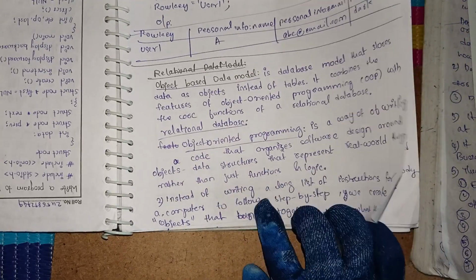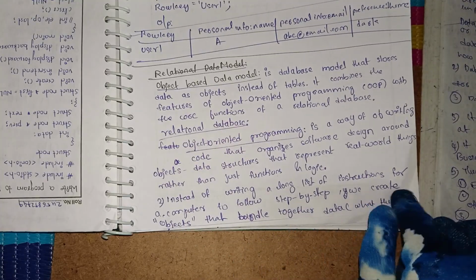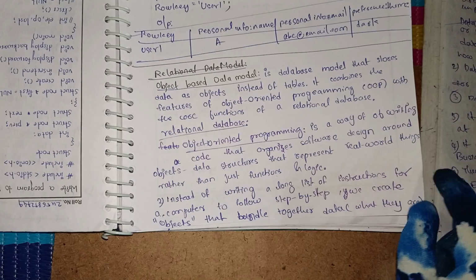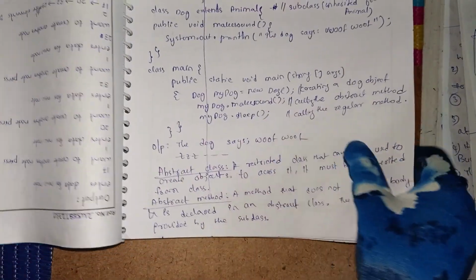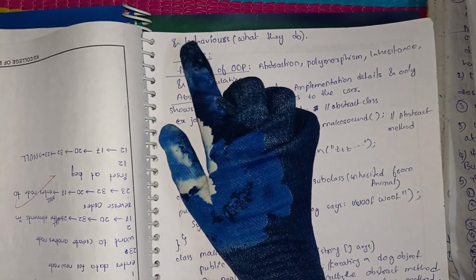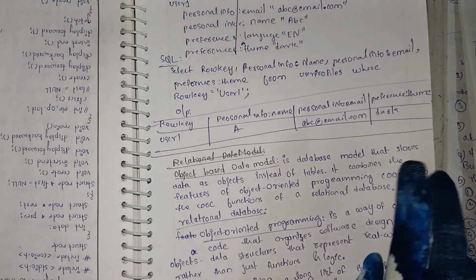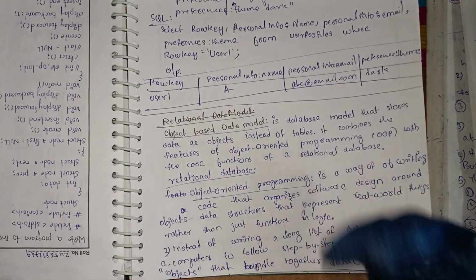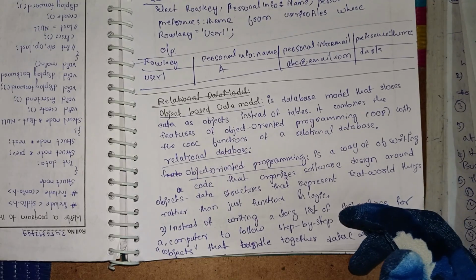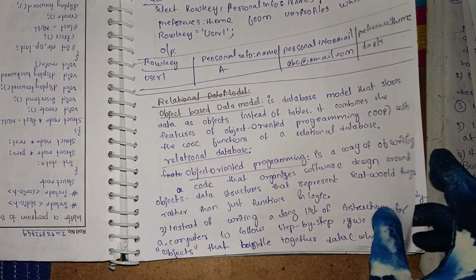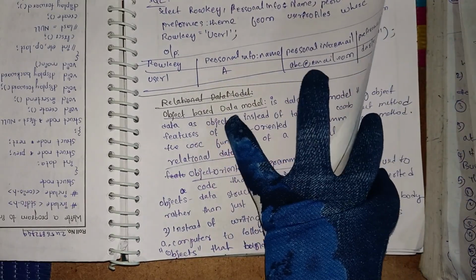Instead of writing a long list of instructions for a computer to follow step by step, we create objects that handle data together, what they are, and behavior, meaning methods, what they do. Instead of giving a list, we are creating objects to handle the data in this object-based data model.